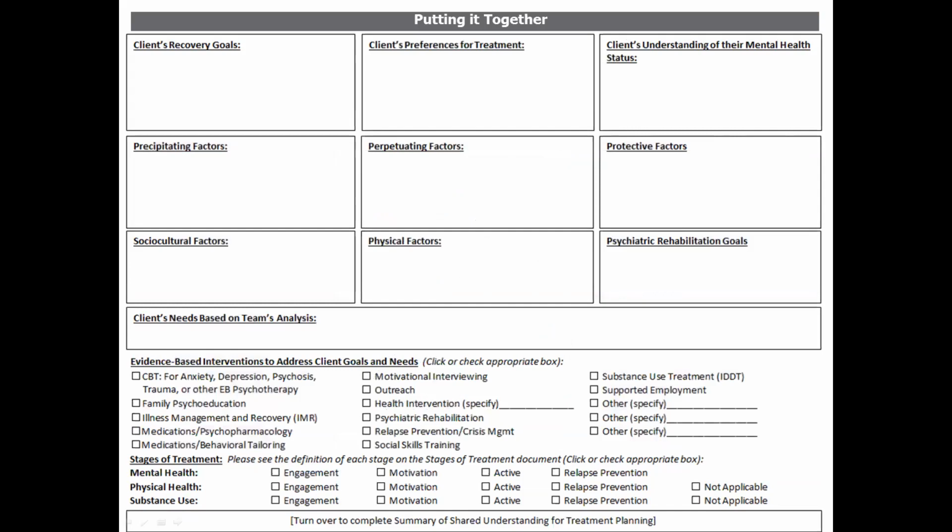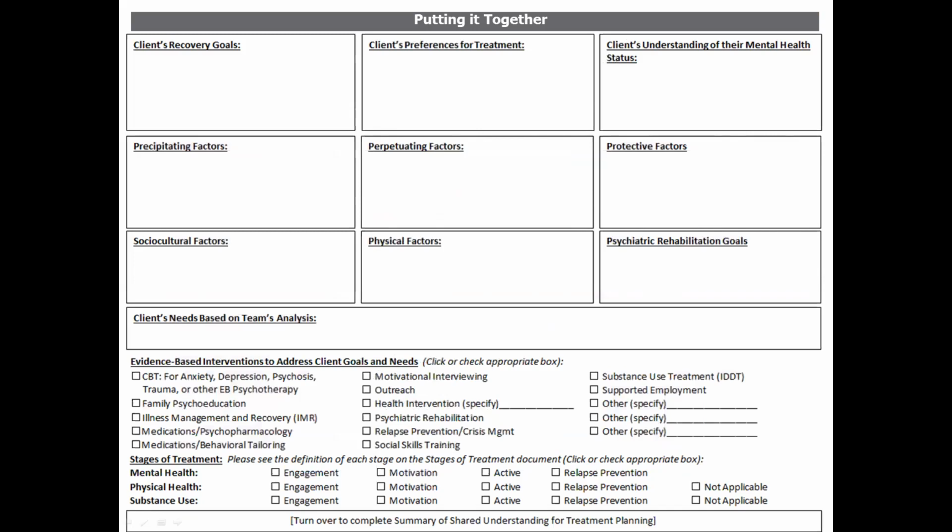And I'm not going to go into this one in great detail today because Jeff is also going to talk next month about some tweaks that we've made to it. But essentially, this is your case formulation and your understanding, where you're pulling all of the information from the integrated summary into a more easy, one-page snapshot of the client, based on not only your assessment, but also conversation and further development with the client themselves.